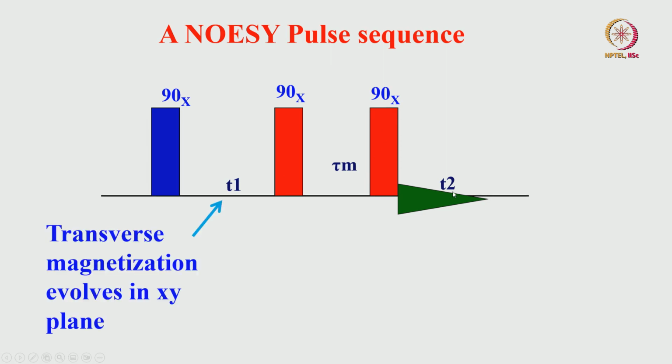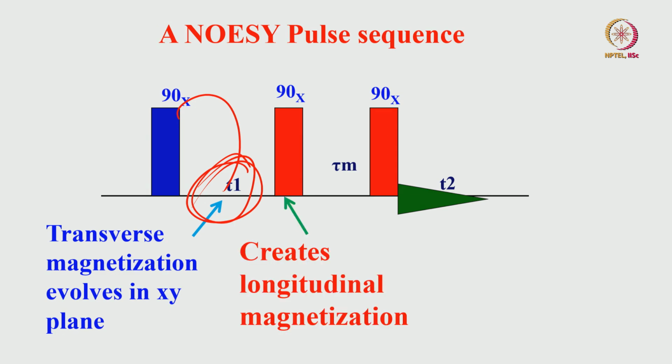This is what happens. During the T1 period, the transverse magnetization, let us say I am doing proton NOE, the transverse magnetization of protons evolves in the transverse plane in the T1 period. The magnetization of protons after the 90-degree pulse evolves in the xy plane.